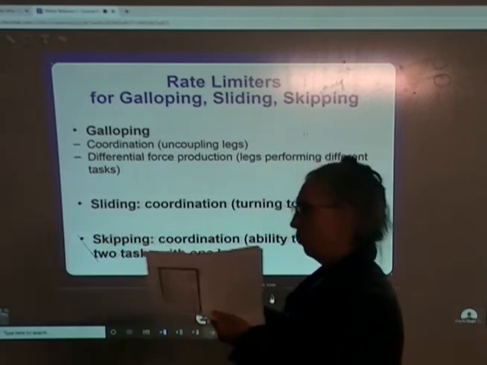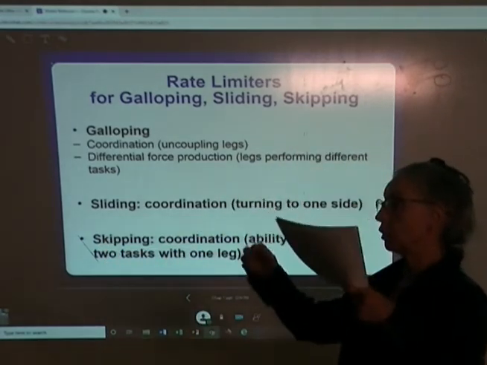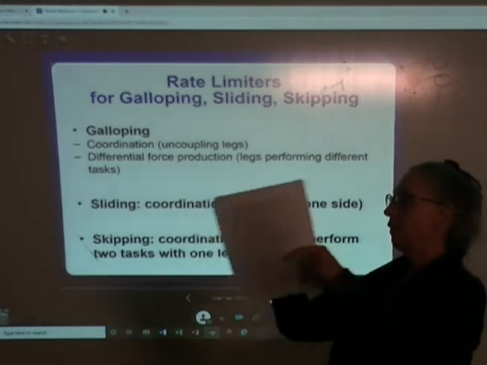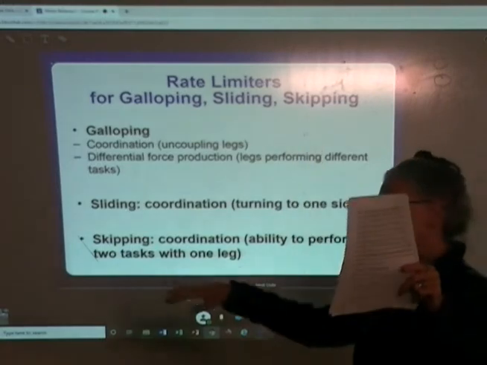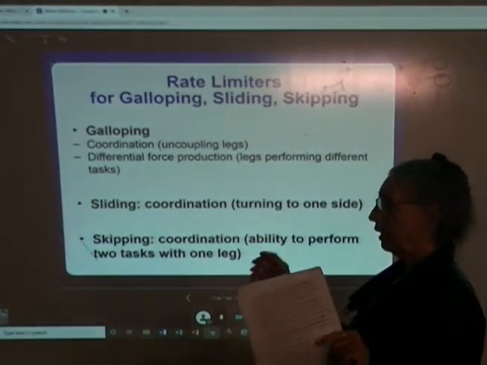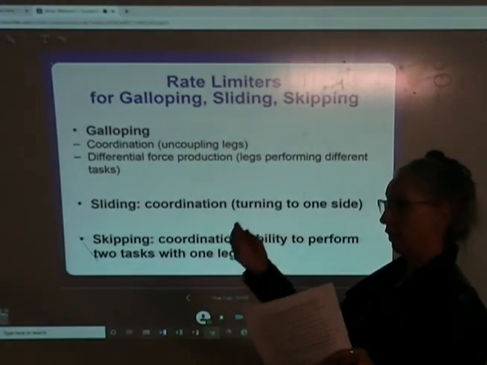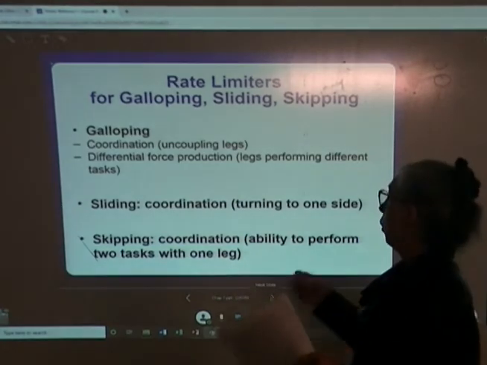So those two sides of the brain have to talk to each other to coordinate the gallop, but they have to uncouple so that one leg does one thing and one leg does something different. So that coordination idea plays a large role.